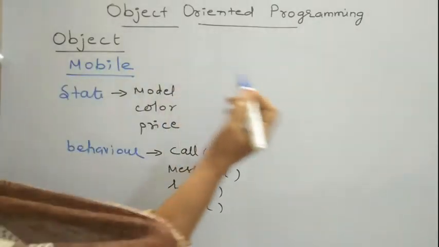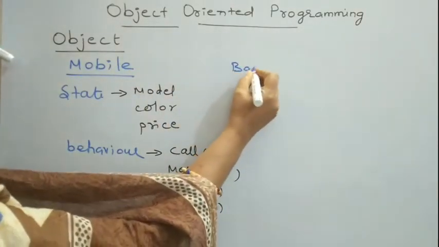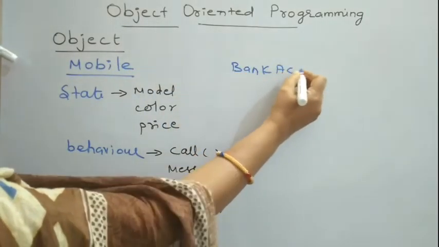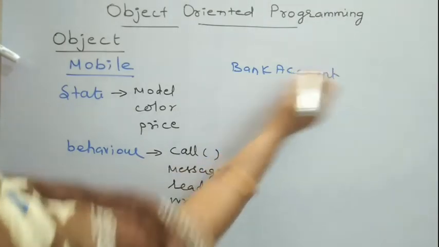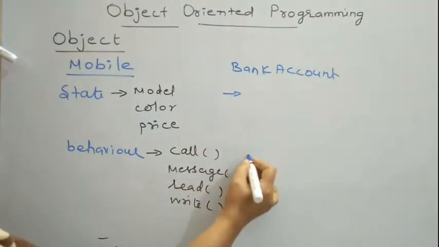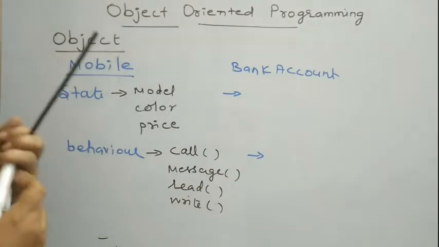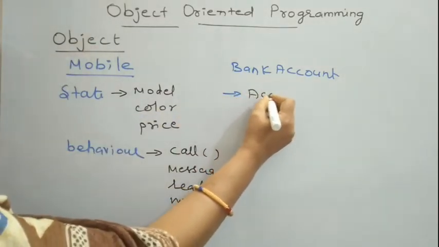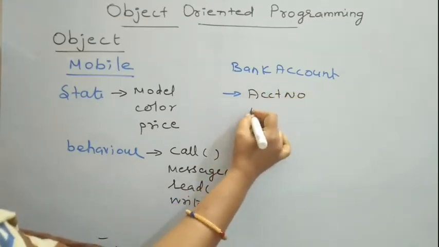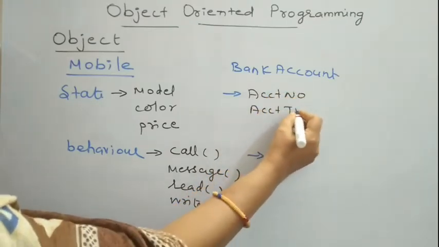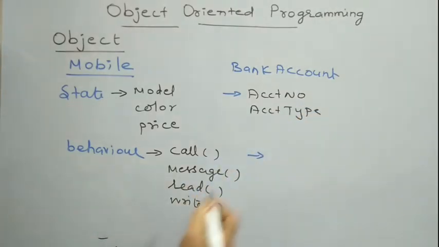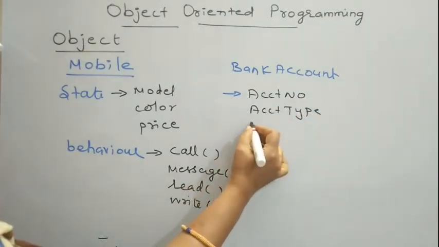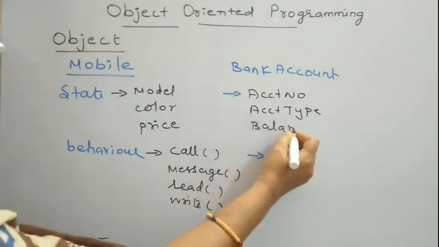Next object, consider a bank account. What are its state and behavior? State is that every bank account has an account number, an account type, whether it is a current account or savings account, and the balance amount in my account.